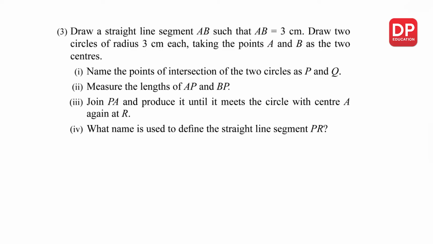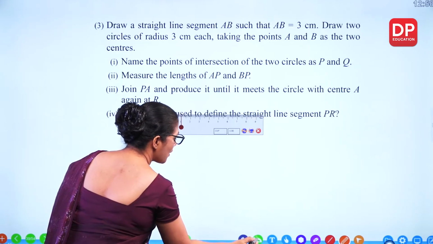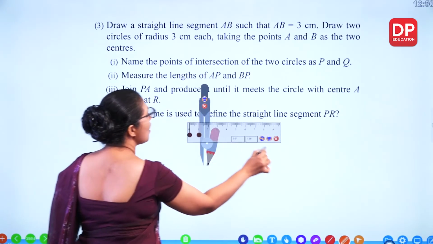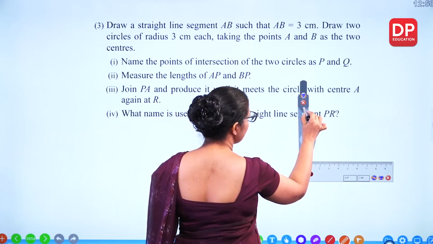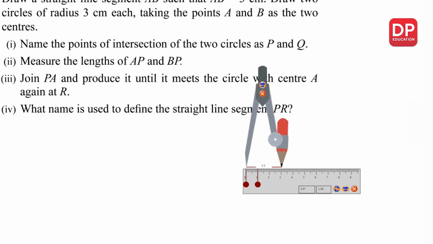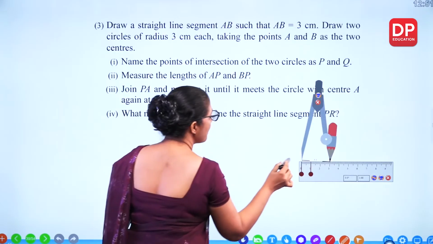Draw a straight line segment AB such that AB is 3 centimeters. Take the ruler and the compass. Now we need to draw 3 centimeter length. So AB.